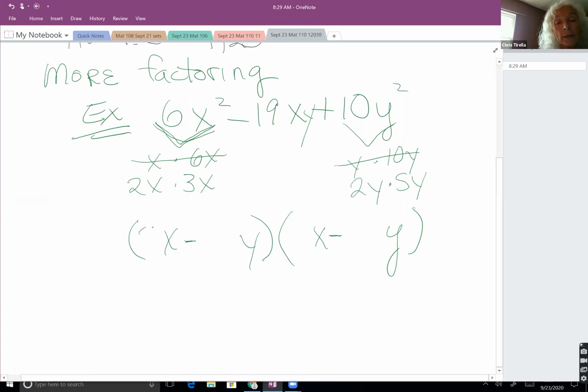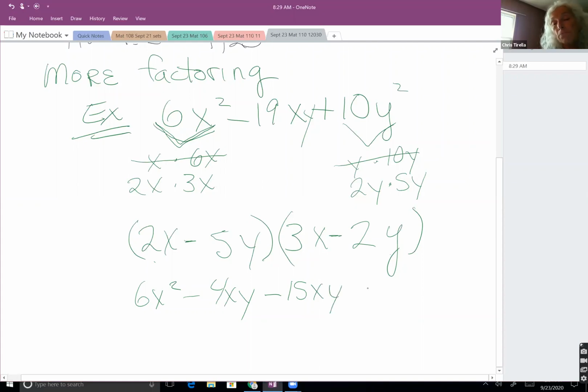So it's going to be 2x and 3x, and it's going to be 2y and 5y. And if I put the 5 where it gets multiplied by the 3 in the FOIL, and the 2 where it gets multiplied by 2, I think it's going to work. First gives me 6x squared. Outer gives me minus 4xy. Inner gives me minus 15xy.